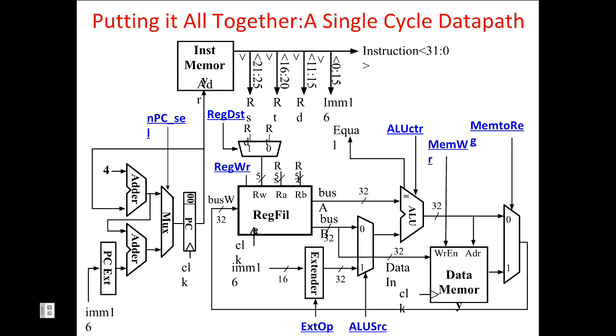Yes. Okay, the question was, who sets npc select? That's a good question. Who sets any of these blue wires? These blue signal names? All of those need to be set to execute any particular instruction, right? So what do we think? How are we going to set those values? Yeah? Right, we're going to have to look at the opcode and the funct.